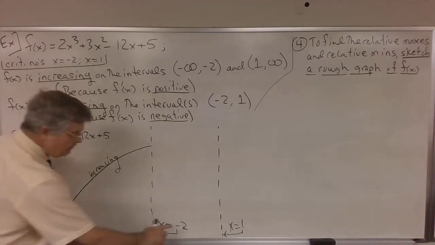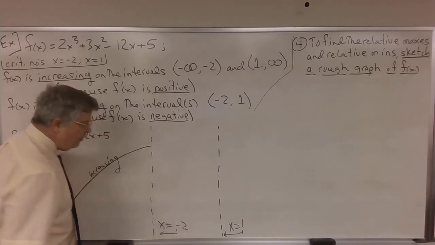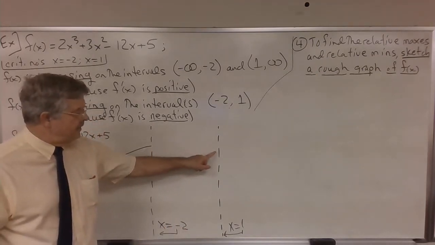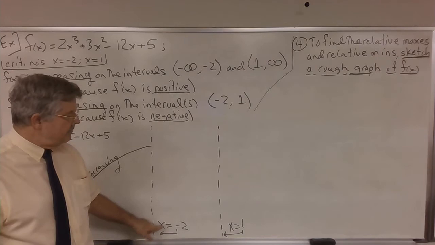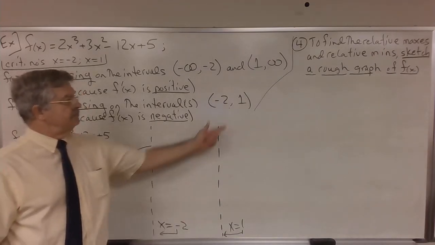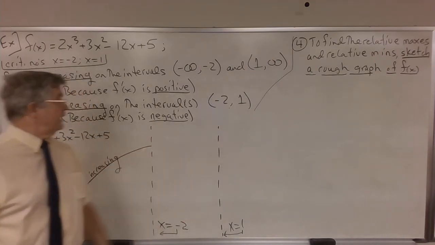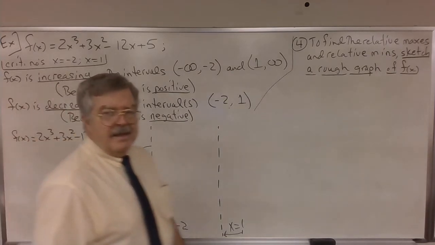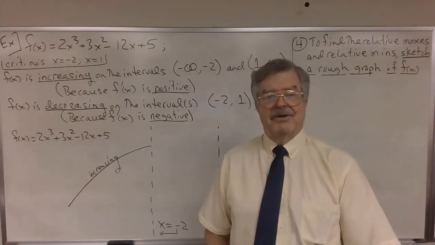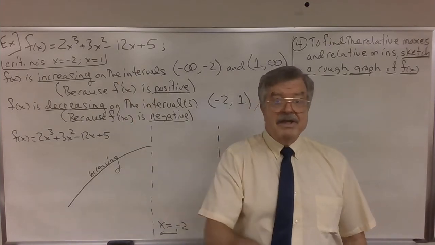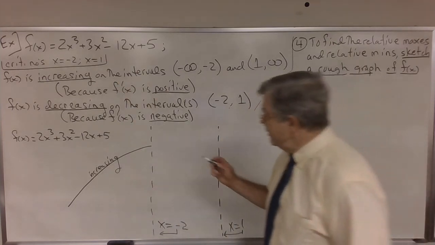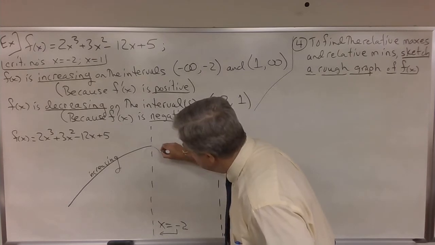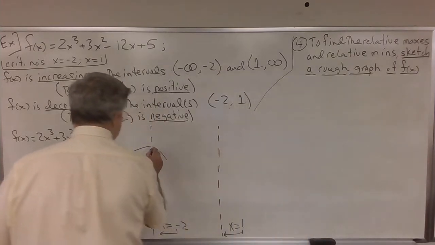Now, what about here, between x equal -2 and x equal 1? What's f of x doing? Isn't f of x decreasing between -2 and +1 on the x-axis? And what does a decreasing function look like? It goes downhill, doesn't it? So here's my function decreasing, going downhill.